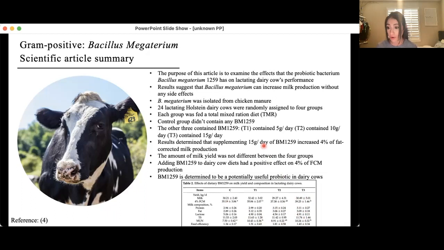So they produced more, which was the highest dosage they gave to that group of cows at 15 grams. So at the end, they came to the conclusion that Bacillus megaterium strain 1259 is potentially useful as a probiotic in dairy cows.